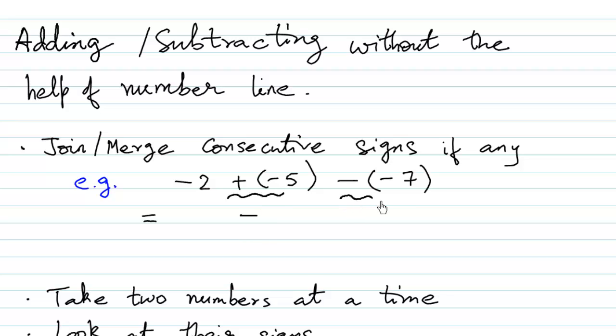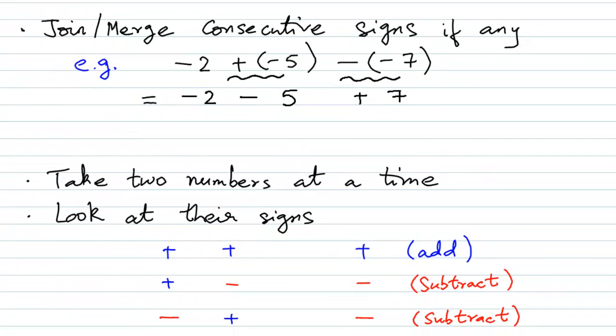And over here also you can see two consecutive signs, minus and minus is plus. That's right. So -2 as it is, then instead of writing plus and minus, we are just writing a minus. Then we copy down the 5 and then we copy down the 7. So we should merge consecutive signs if there are any.